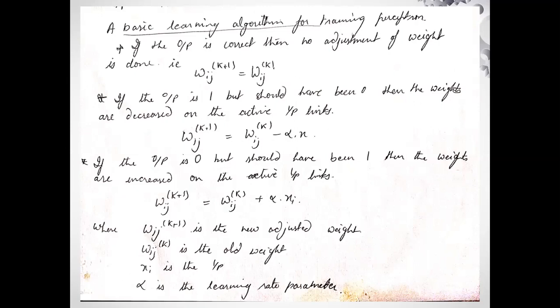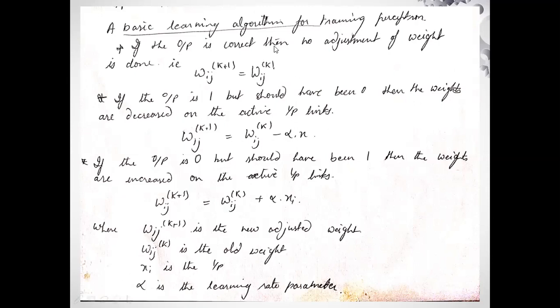Target output will be compared with the actual output. The comparison or the difference will give you the error. If the error is 0 or approximately equal to 0, then we do not need to adjust the weight. So this is the first condition, that is, if the output is correct.